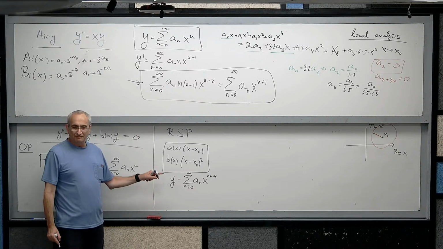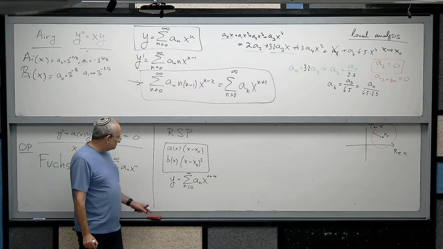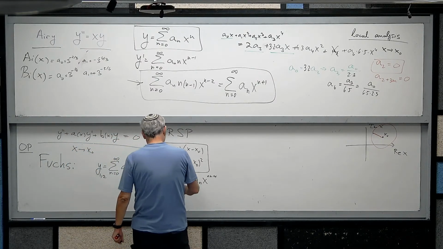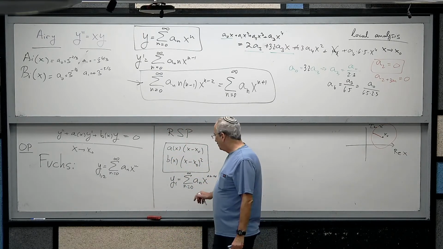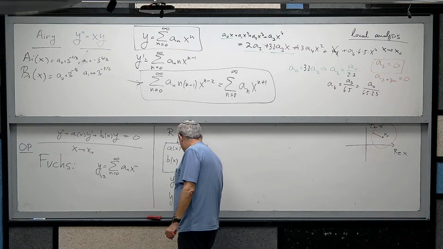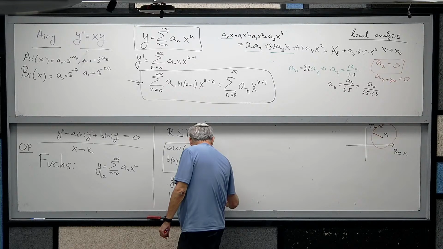Alpha should not be an integer. And the second solution either will have this form or will have the form sum from n equals 0 to infinity of a n x to the n plus alpha times ln x.